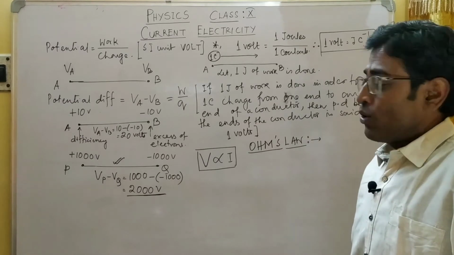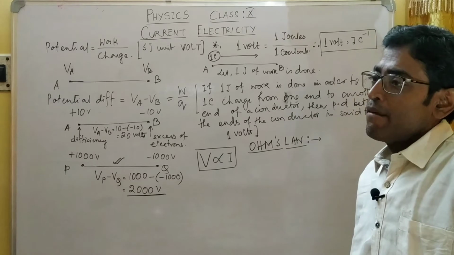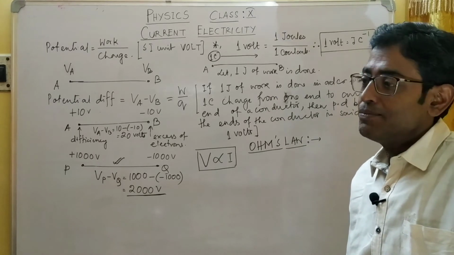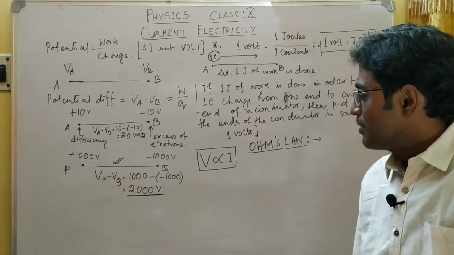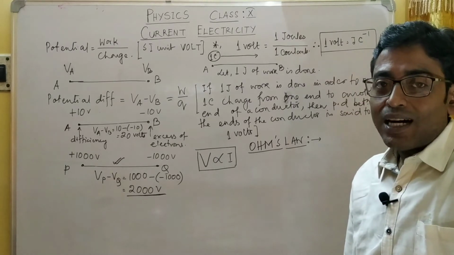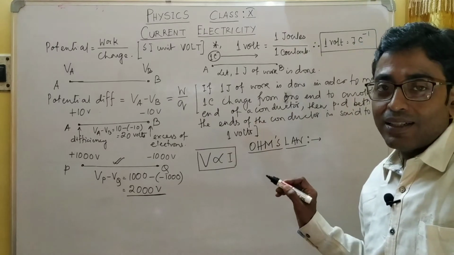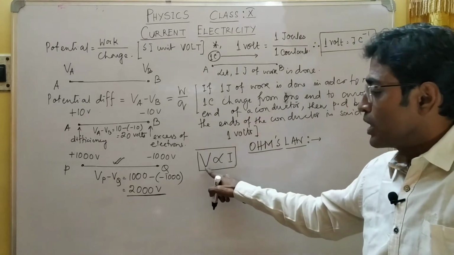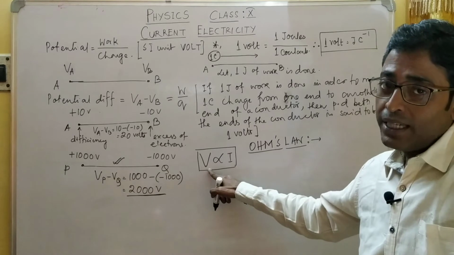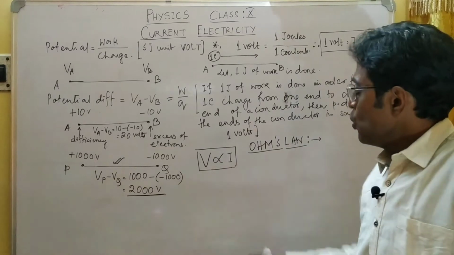So when all other physical conditions, remember, pressure, temperature, these are called physical conditions, are constant, same, then current flowing through a conductor is directly proportional to potential difference. Okay, current flowing through a conductor is directly proportional to potential difference.